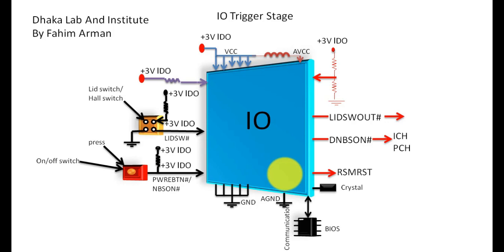RSM RST is the final voltage. It is very important. When we see that RSM RST is found in the IO chip, then we can say that the IO chip is good.